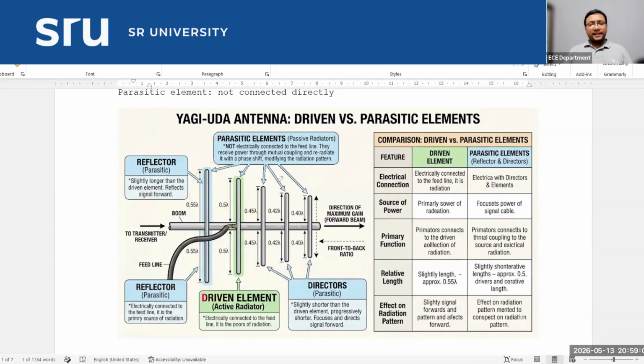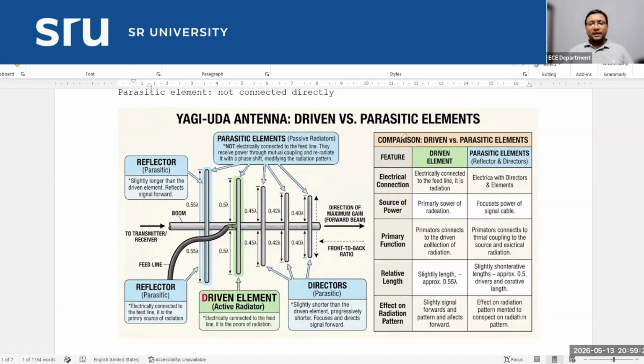So the parasitic elements in front of this are shorter in length, and the parasitic element placed at the back of this has a larger length. Then what will happen? I will come to this change in radiation pattern later.